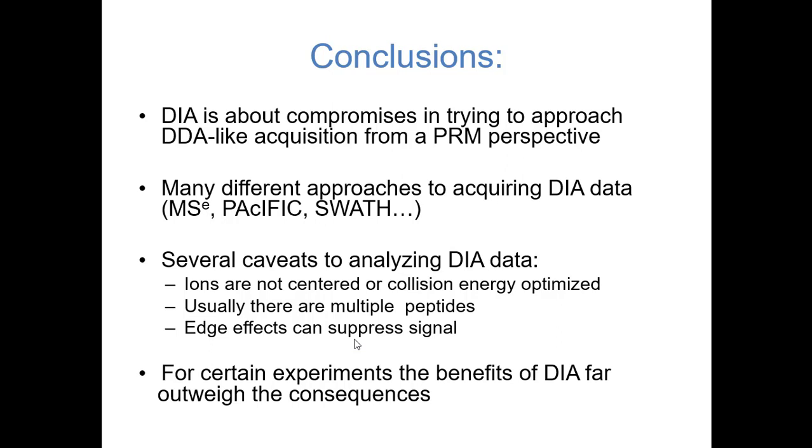iTRAQ and TMT are maybe the most reasonable next method. That only works with certain caveats. You have to be doing MS3 acquisition. Does that make sense? MS2 fragmentation with iTRAQ actually gives you pretty wonky quantitation. Do you guys know how iTRAQ works?